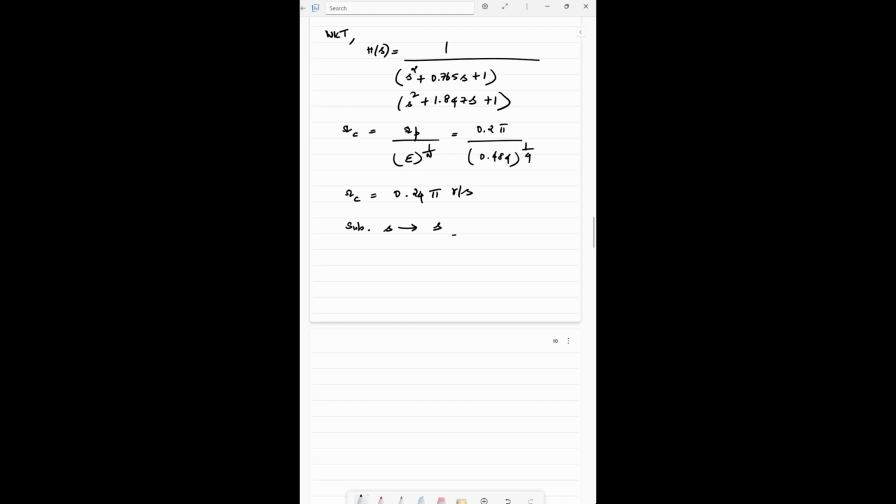Now substitute s equal to s by omega c in H of s to get the modified transfer function.